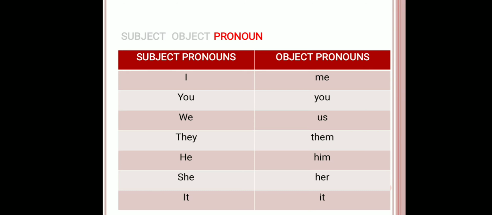But if I need to use the pronoun we as an object pronoun, it should convert into the pronoun us. They is going to be them. He is going to be him. She is going to be her. It has the same form as a subject or an object pronoun.